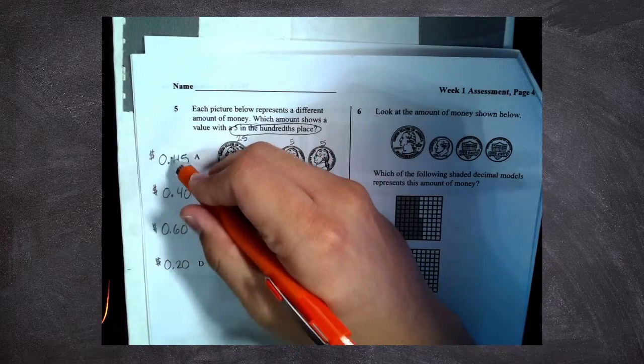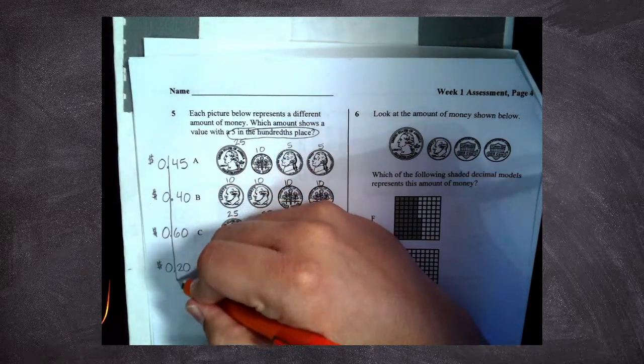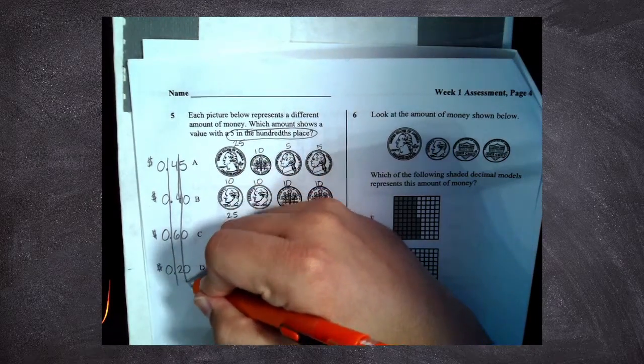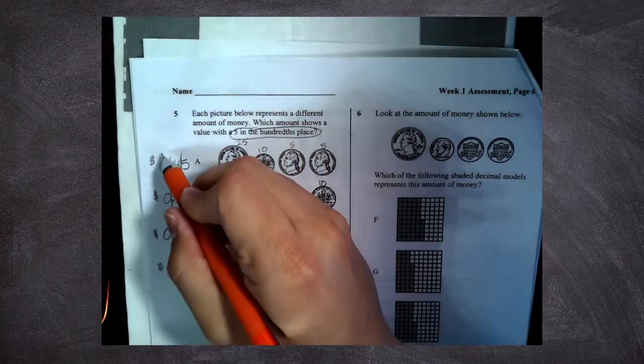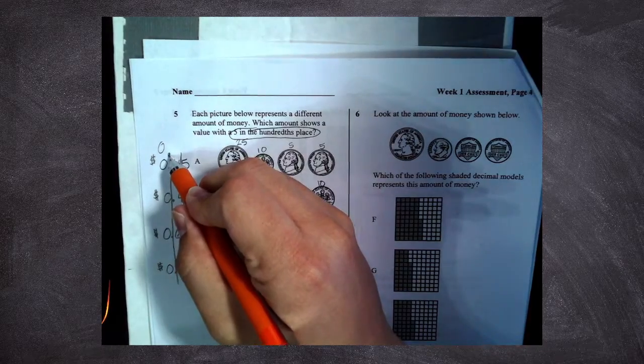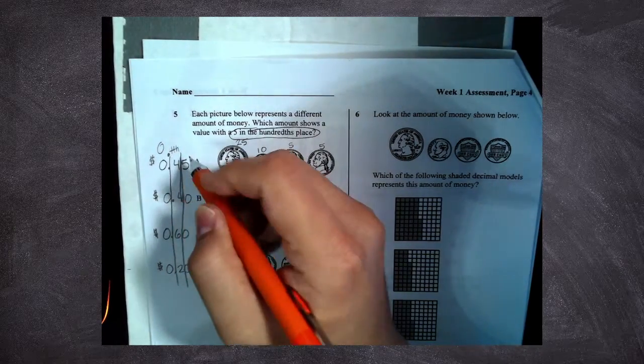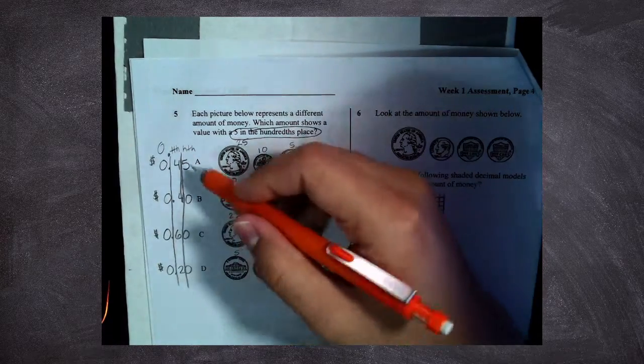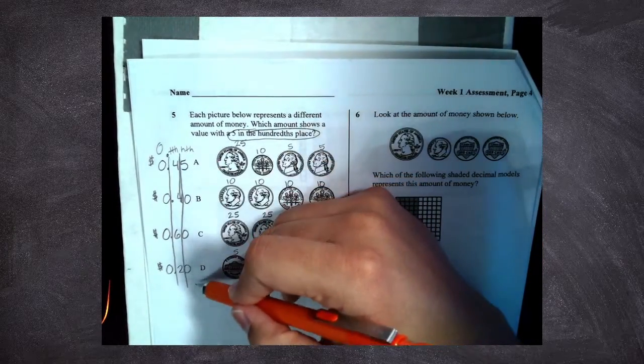If I look at all of these, if I were to put a place value chart here, I'd have my ones place, a tenths place, and a hundredths place. Look at the hundredths place. There's only one answer choice that has the 5.